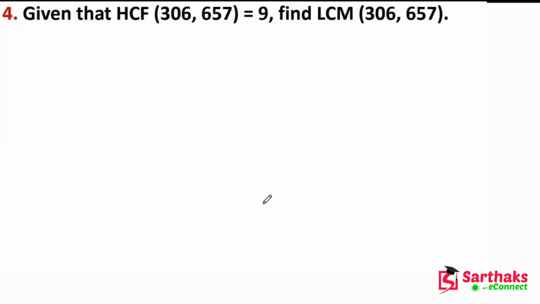Our next question is that, given that HCF of 306 and 657 is 9, find the LCM of 306 and 657.